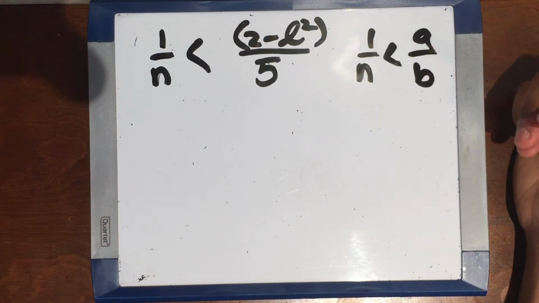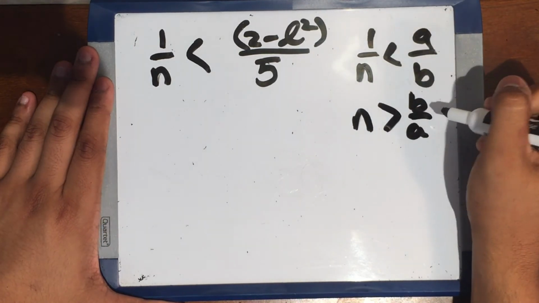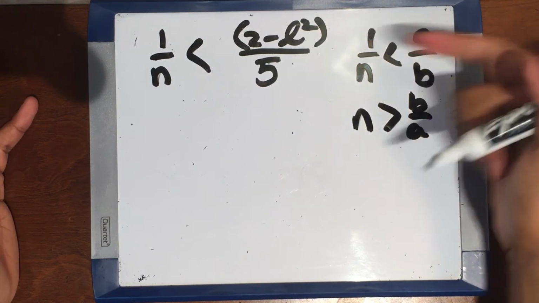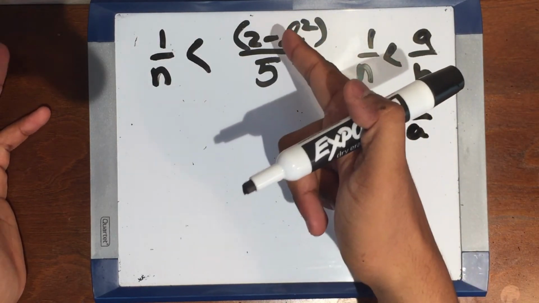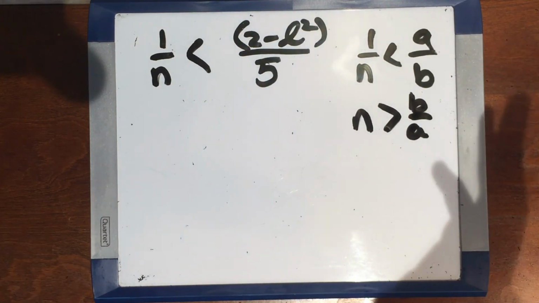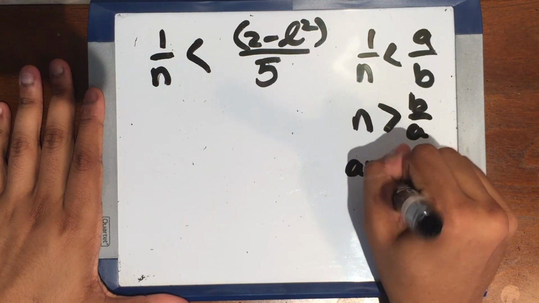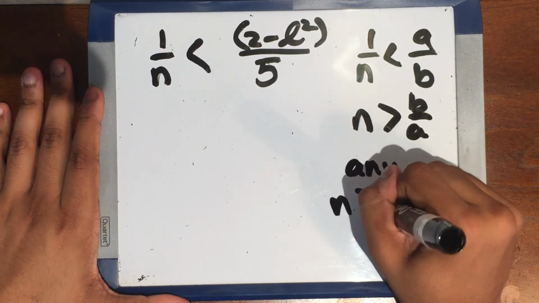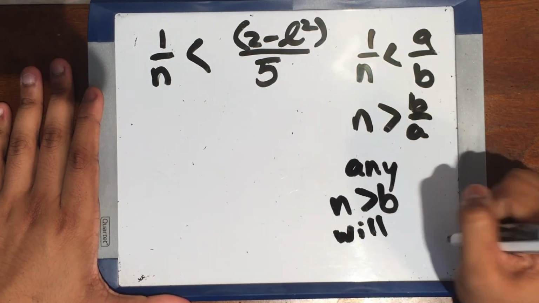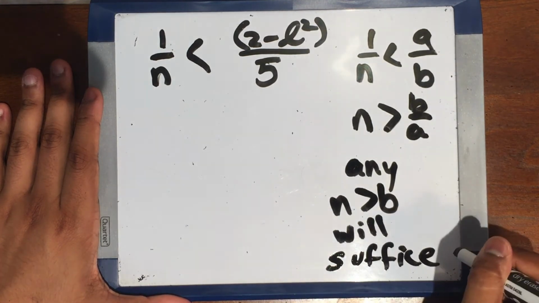We need some n that is greater than b over a, and since a is greater than 1, in this case, because our number was between 1 and 2, right? Any n greater than b will suffice, right?